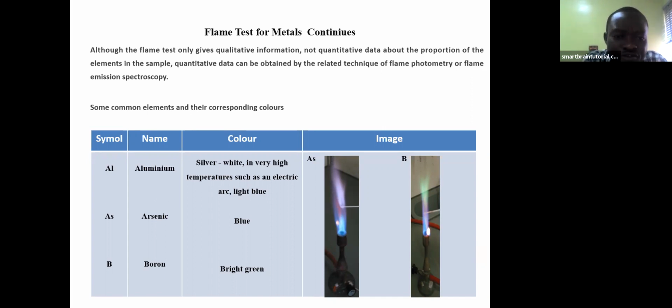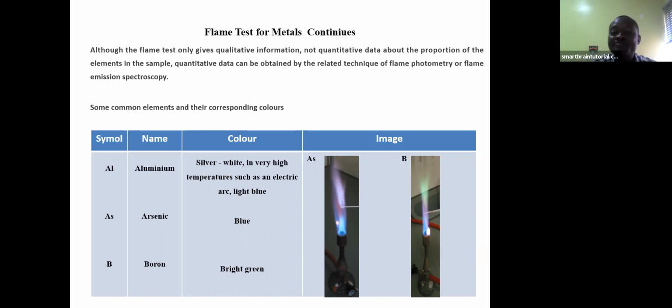Now, some common elements and their corresponding colors. Let's see, aluminium. If you test for aluminium, expose it to flame, you will have silver white color. In very high temperature, such as electric arc, light blue.